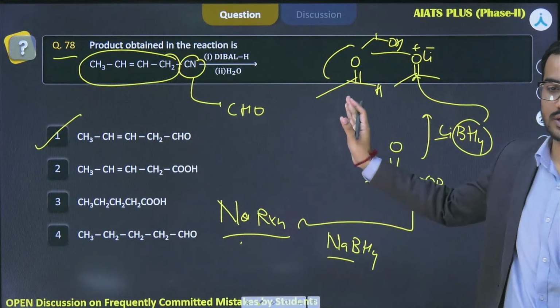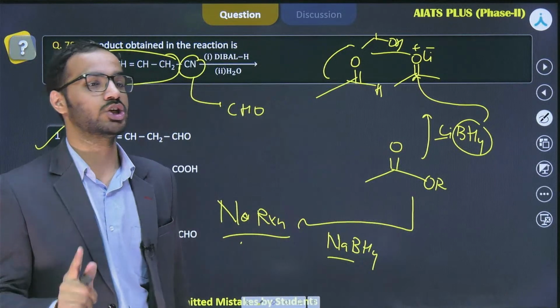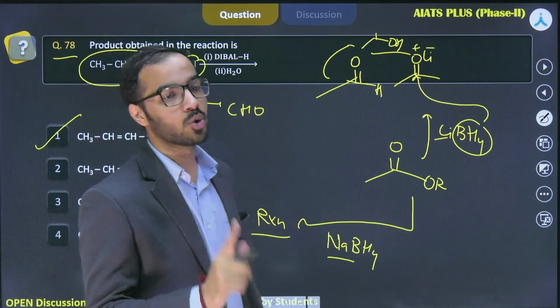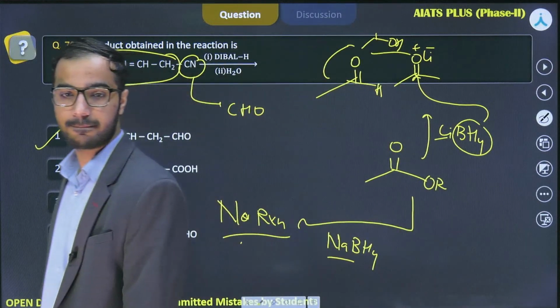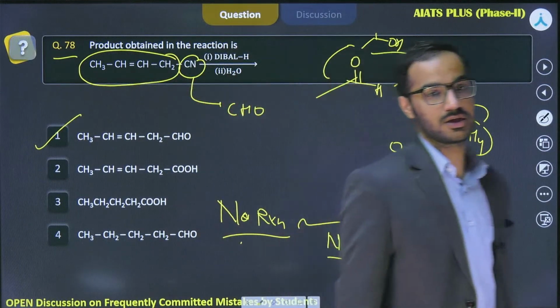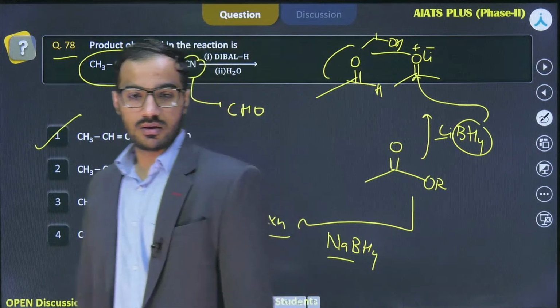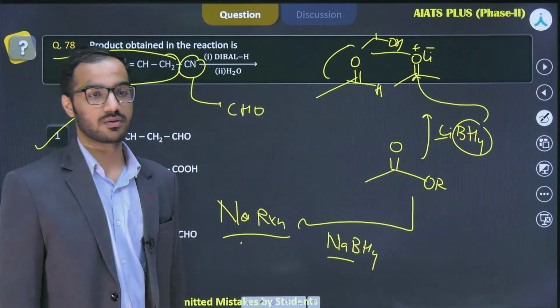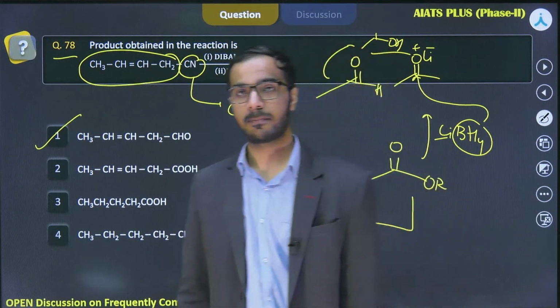I hope this question is clear to you all. And always remember, from this session, you can expect a minimum of 2 questions in your final NEET exam. Is it clear, everyone? Shall we move to the next question?